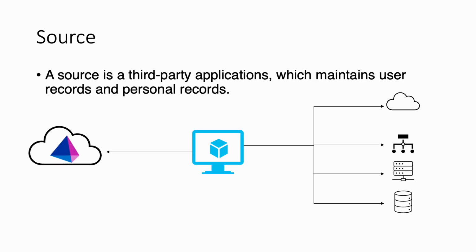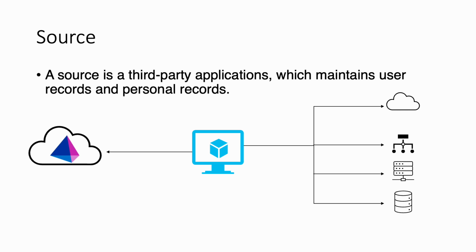SailPoint Identity handles integration with different sources of data, particularly focusing on managing user identities and personal records across both cloud and on-premises systems. The VA acts as the key communication bridge between SailPoint Identity and the various sources of data. The VA is responsible for securely managing the data flow between SailPoint and external sources.